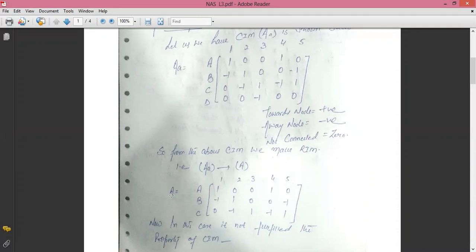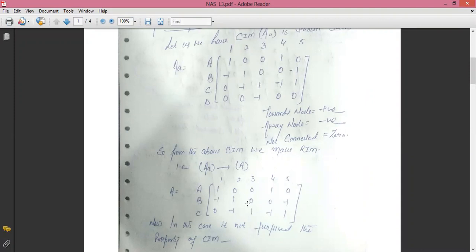Now, the property of the CIM says that if you add any of the columns, the resultant is equal to 0. This property does not hold in the case of RIM, because in an RIM, if you add any of the columns, the result may or may not be equal to 0.